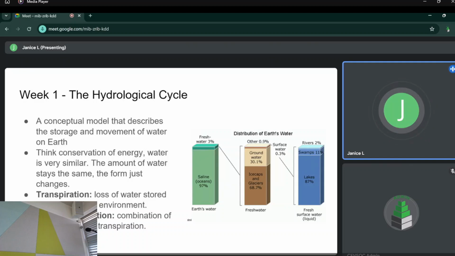So then you have two concepts here. You've got transpiration and evapotranspiration. Both are movements of water. Transpiration is more focused on the loss of water stored in plants into the environment. So it depends on the type of plant. It depends on if it's a tree or grass, cactus, how big the root zone is, what kind of plant it is. Variables like humidity, temperature, carbon dioxide, wind speed also matter.